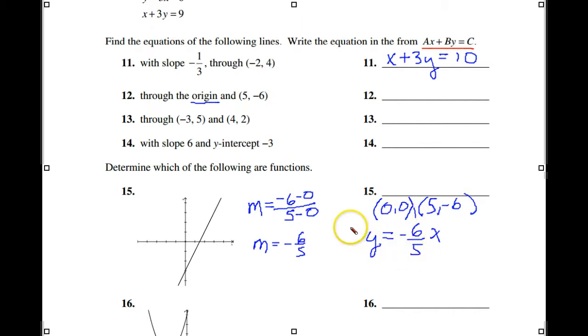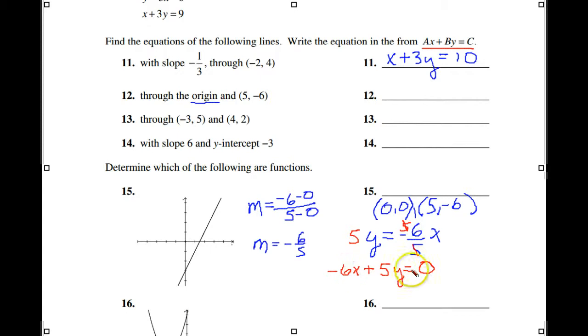So I'm going to multiply everything by 5. The 5's cancel out, and I then get 5y equals 6x. Still not in standard form. I'm going to move this over to this side and put that as a 0. So this becomes a negative 6x plus 5y equals 0.